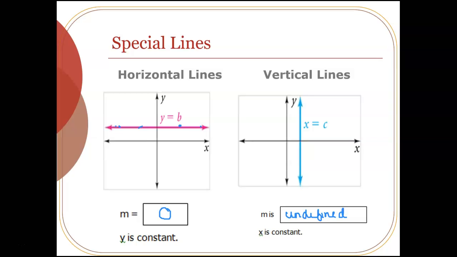If you were trying to find slope using your equation, this is the case where you would get a number over 0. So a vertical line is the case where you get a number over 0. A horizontal line is the case where you get 0 over a number.